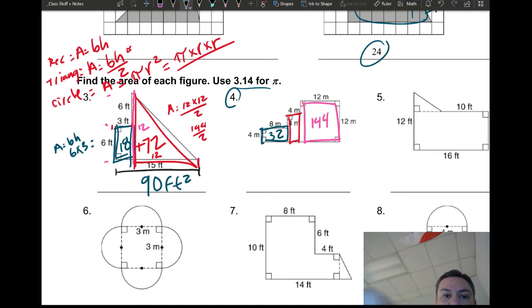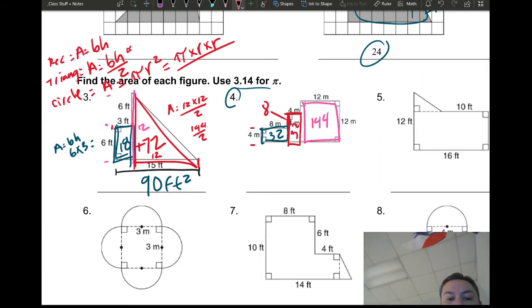And for the red one it's 4 by, we need to know this height. So we're going to need to find it with the broken pieces. From here to here is 4. From here to here is 4. So the whole height is going to be 8. So it's also 8 times 4, which is 32.